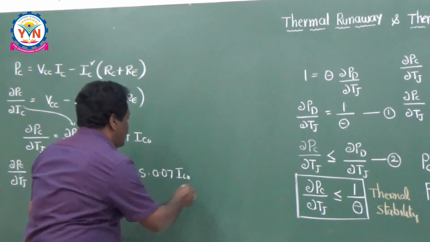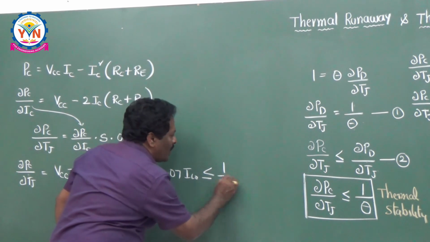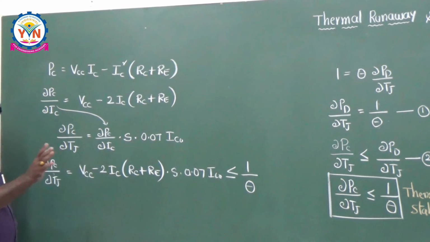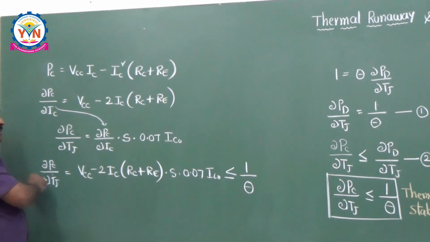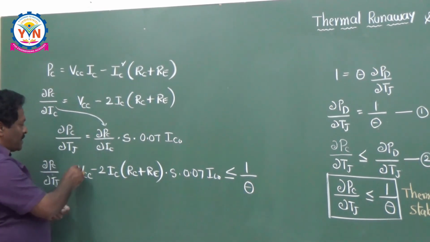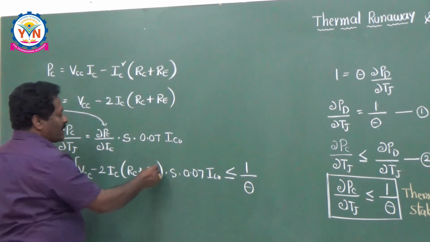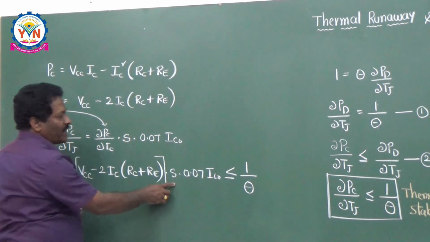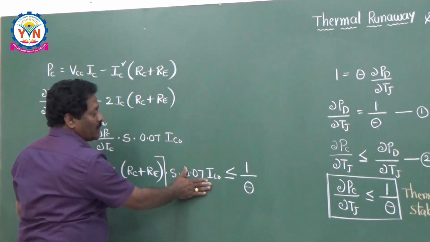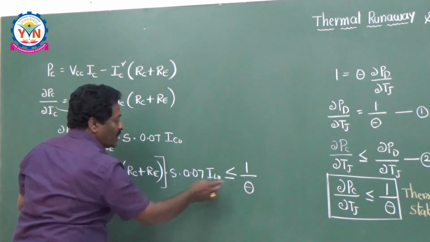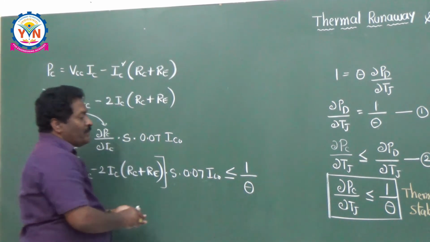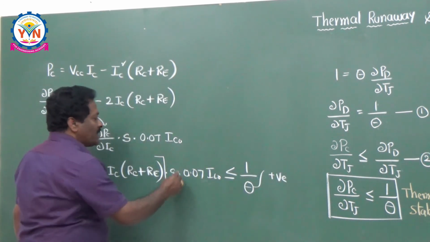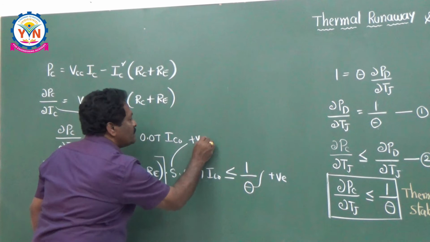Here the logic is, remember my dear friends, this VCC minus 2 IC times (RC plus RE) is dou PC by dou IC, the stability factor is with respect to reverse saturation current, and this is thermal resistance. Remember, this thermal resistance is always positive and the stability factor is always positive.